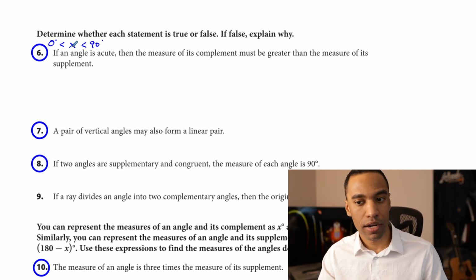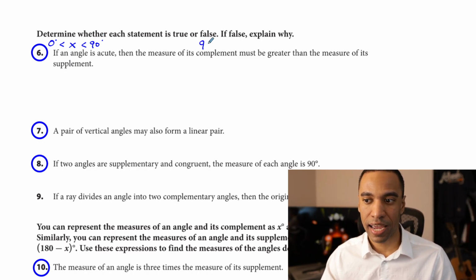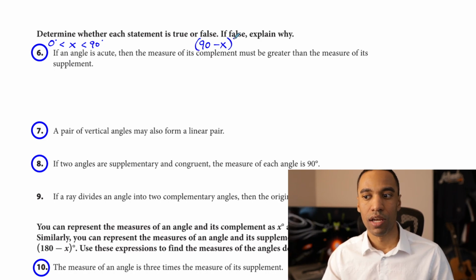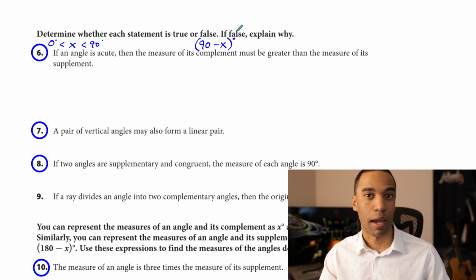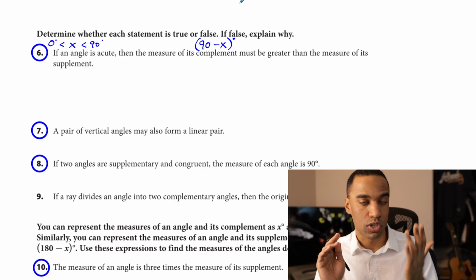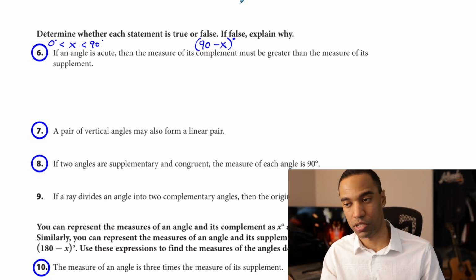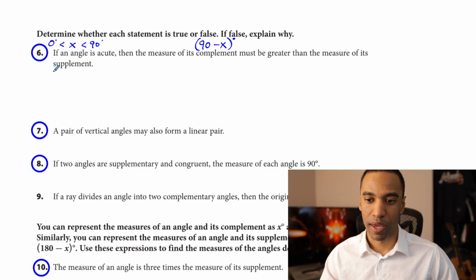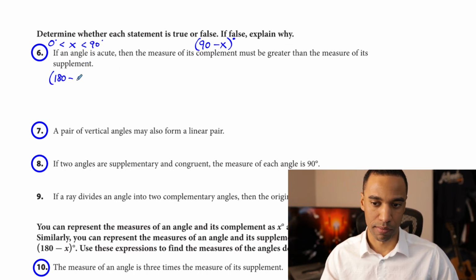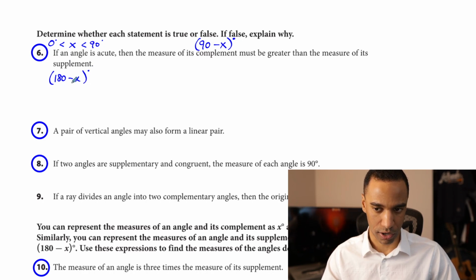So some unknown x's complement would be 90 minus x. Think of 60 and 30: if some angle is 30, its complement is 90 minus 30, which is 60, because 30 plus 60 is 90. Its supplement would be 180 minus x, since two supplementary angles add to 180 degrees.